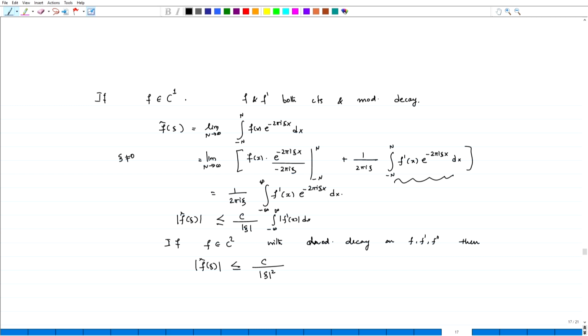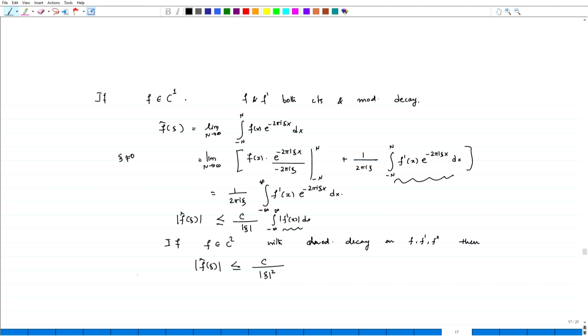So we are giving differentiability on f, and we are capturing some decay on f hat. This constant will be the integral of the modulus of f double prime of x times 1 over 4 pi square. Okay.